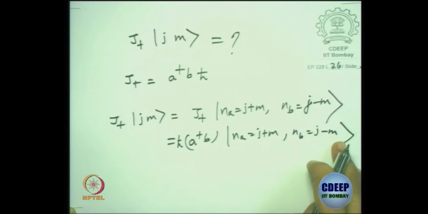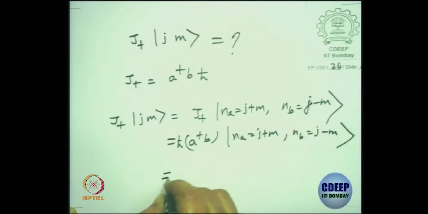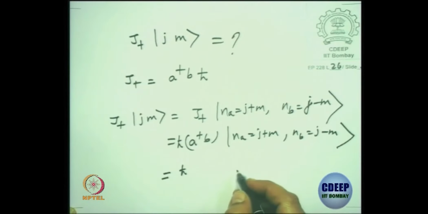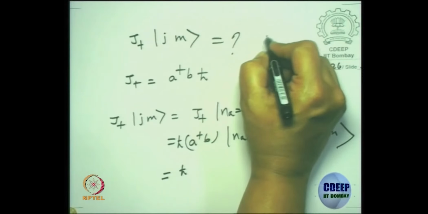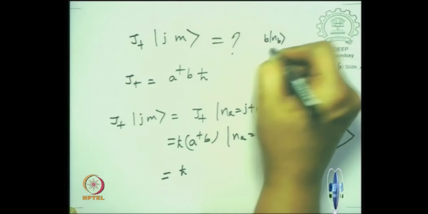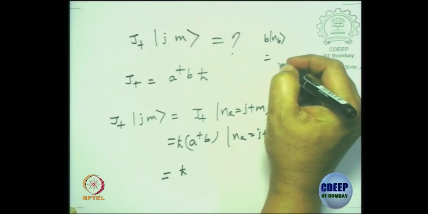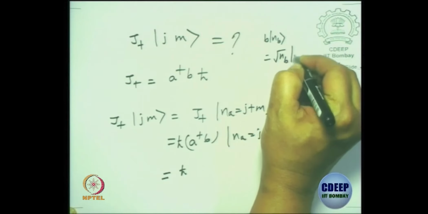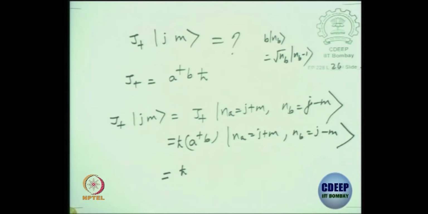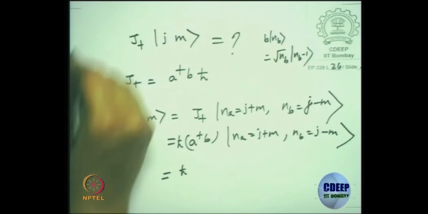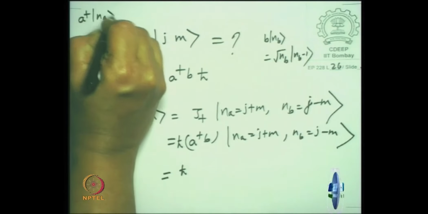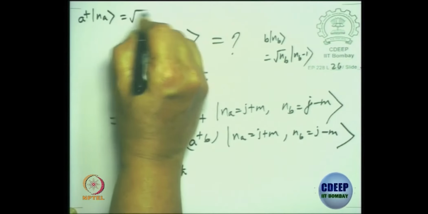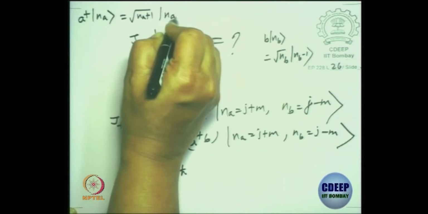B will operate on the number state Nb. What will it do? Recall for me, what is B on Nb? Root Nb times Nb minus 1. What about A dagger on Na? Root Na plus 1 times Na plus 1.